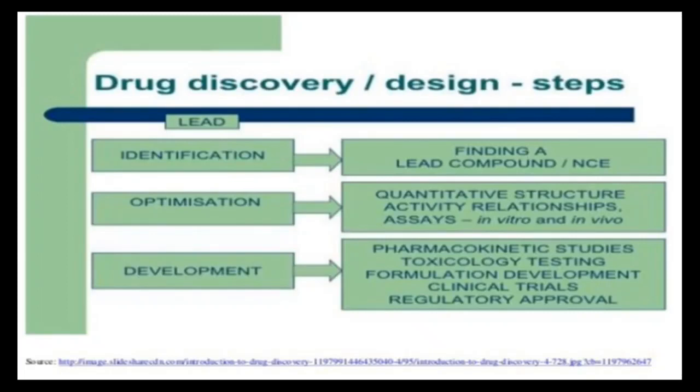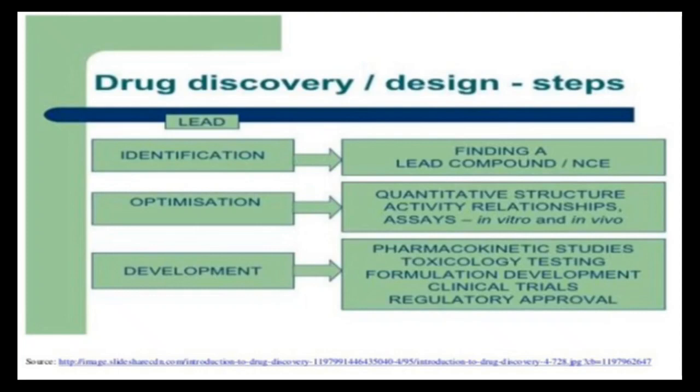Now let's take a look at the steps in drug discovery or design. The drug discovery process starts with the identification of a molecular target, and next is target validation. During target validation, the target's association with the specific disease and its ability to regulate biological processes in the test body are assessed.